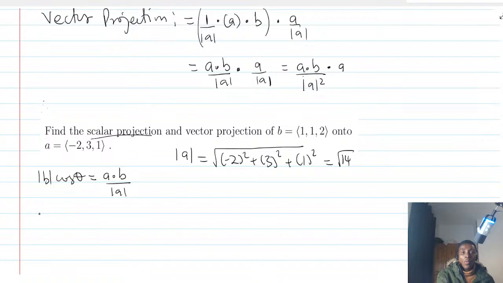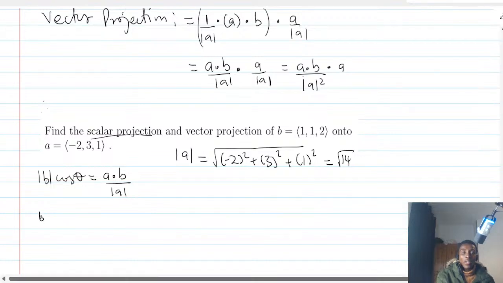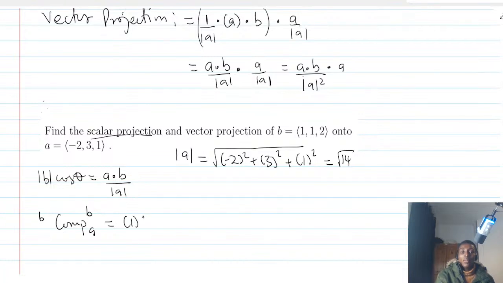Now, the projection or the component of B along A is the dot product divided by the magnitude. So we do the dot product: 1 multiplied by -2 plus 1 multiplied by 3 plus 1 multiplied by 2.